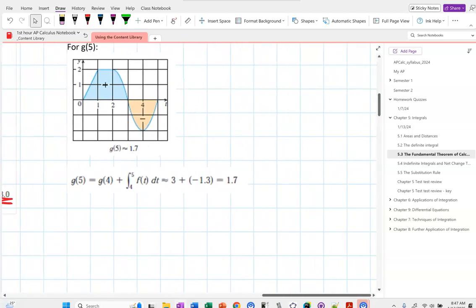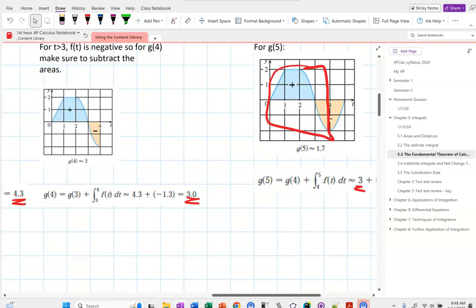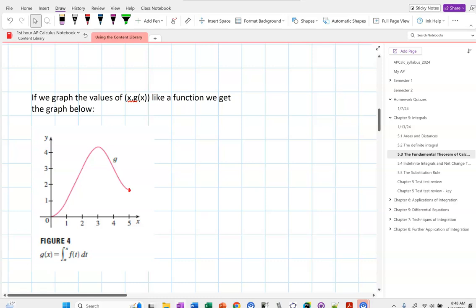And the last one is going to be g of 5. So that's what we did already for g of 4, and then plus this new piece, which looks the same as the other piece that I just added, right? So I'll do the same approximation there. So I get 1.7 then. So if I plot my graph for g then, it would look something like this. Right?